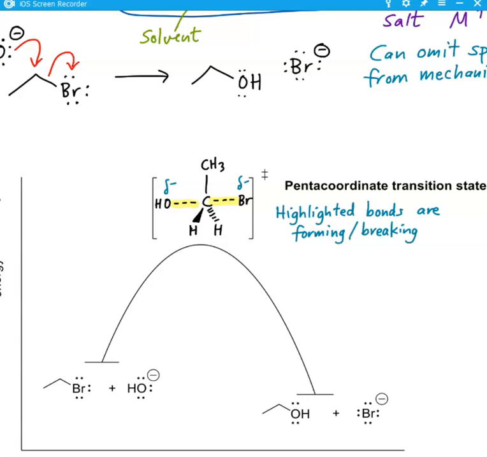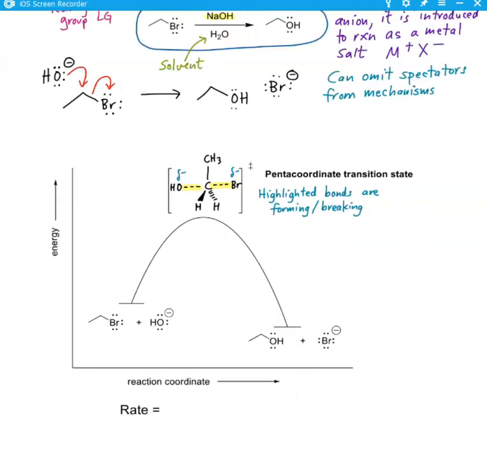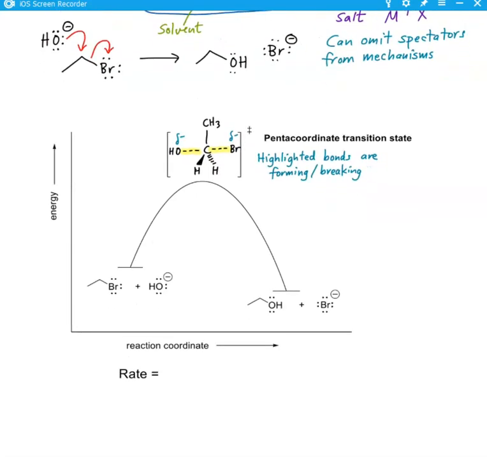So what you have then is a carbon that essentially has 5 things around it. So we call it a pentacoordinate transition state. Because of the developing charge, those 2 partial negative charges, and the fact that there's crowding around that carbon, because you have so many things around it, those 2 factors are responsible for the higher energy of the transition state.